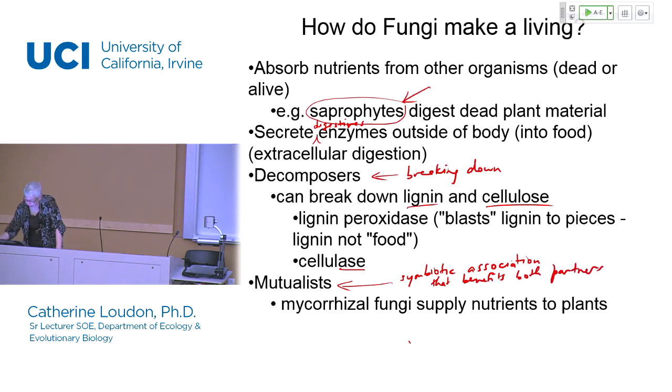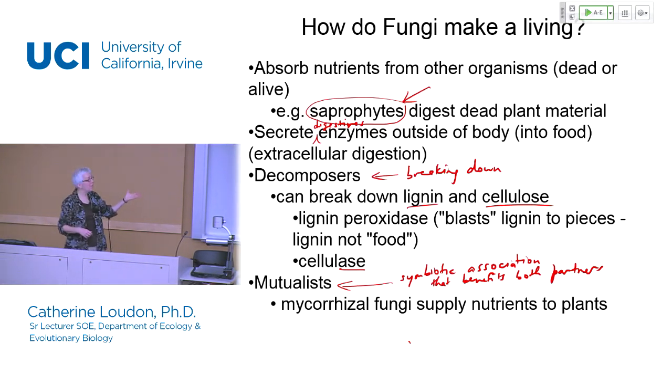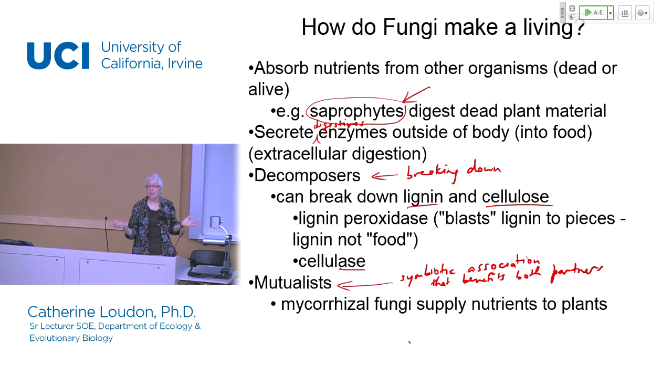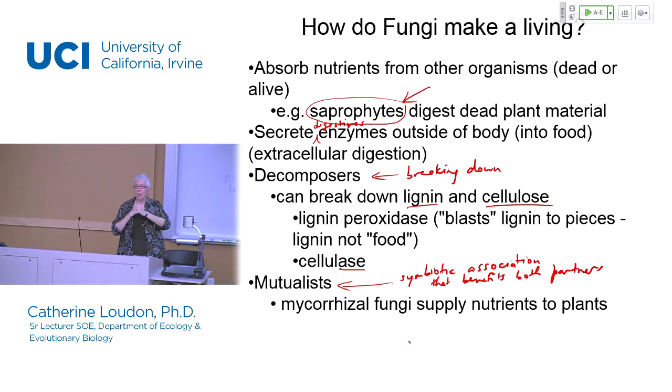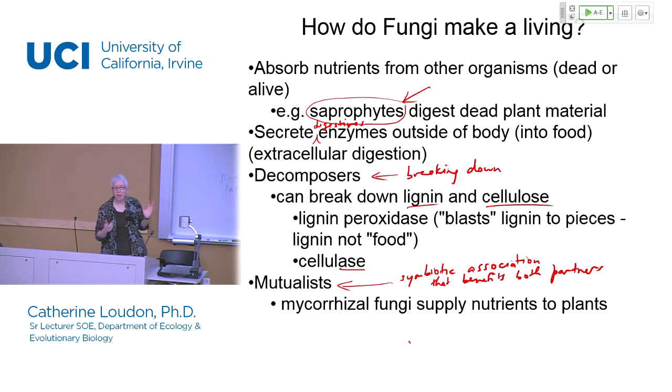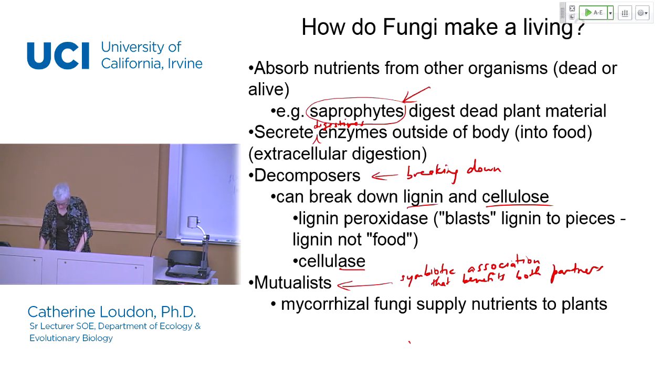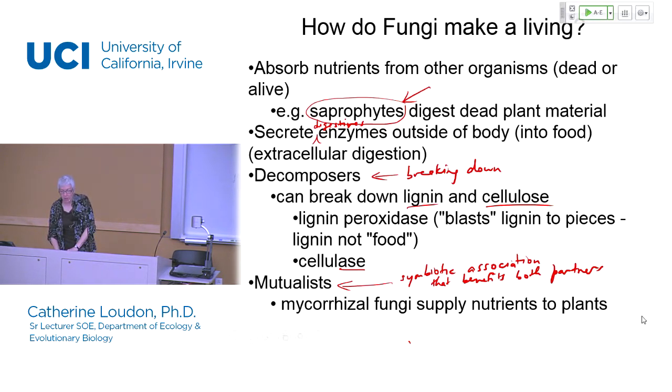So if you talk about a mutualistic association between a particular kind of fungi, specifically mycorrhizal fungi, which we'll talk about in a little bit, and plants, this means that they have a very close association with each other and they each benefit in some way. Okay, that's all I want to say about that.